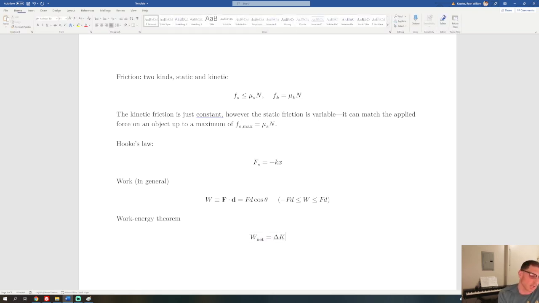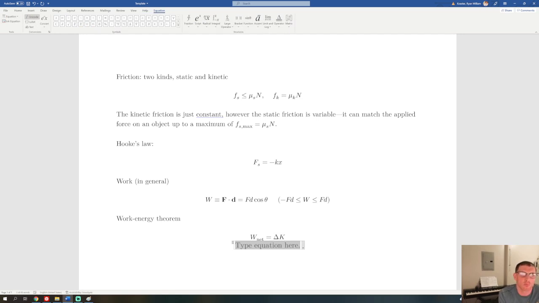If we expand this out, say we have multiple forces acting on an object, the left-hand side is going to look like the work done by the first force plus the work done by the second force, all the way down to the work done by the nth force, if there are n forces. And the change in kinetic energy is probably what we would expect: 1/2 m v final squared minus 1/2 m v initial squared.